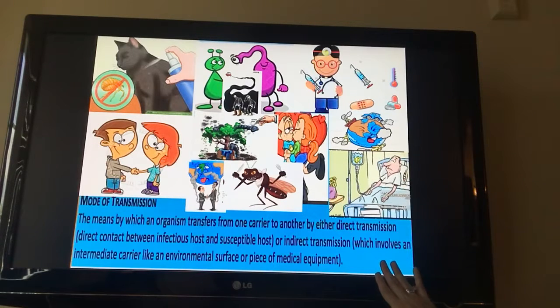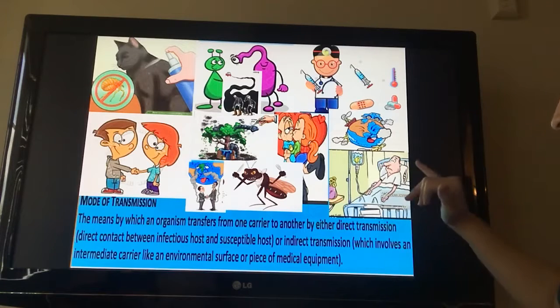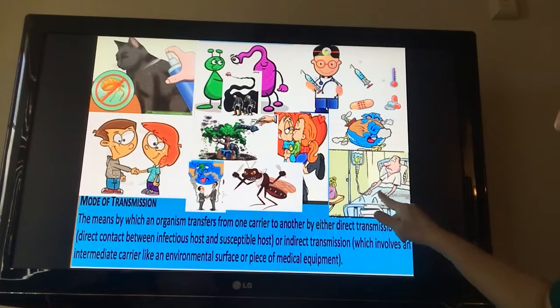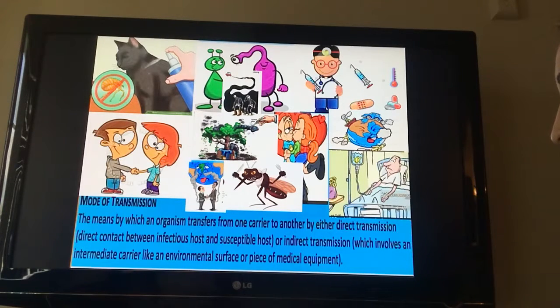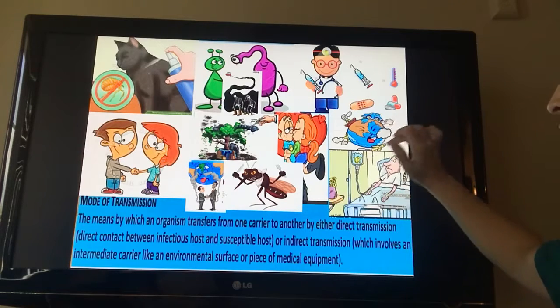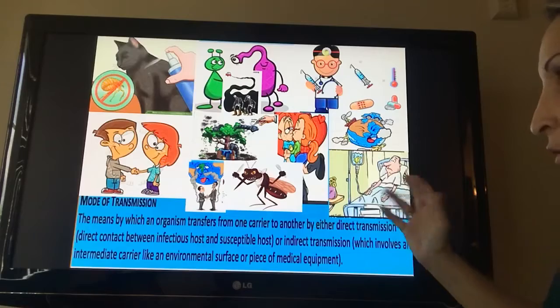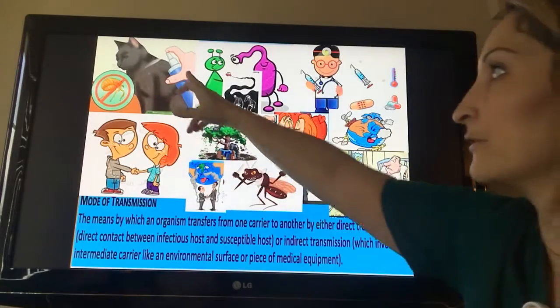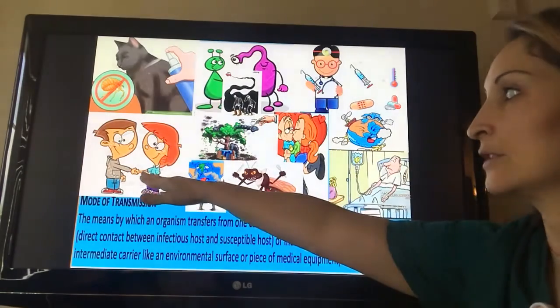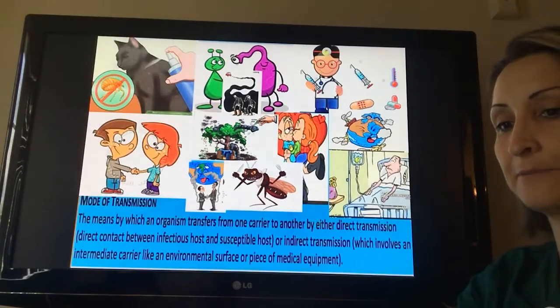These are means by which that organism is transferred from one carrier to the other. So we have surgical instruments, airborne, kissing, mosquitoes, dust, sprays, and direct hand-to-hand contact.